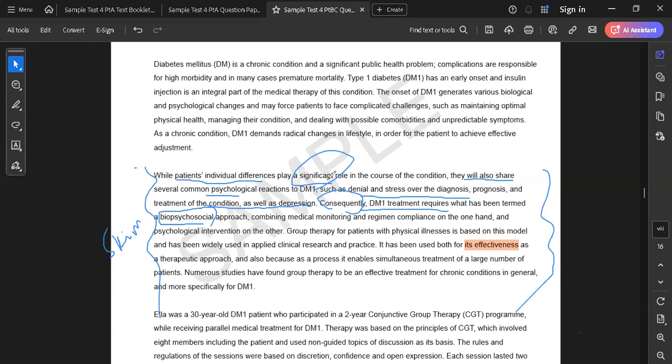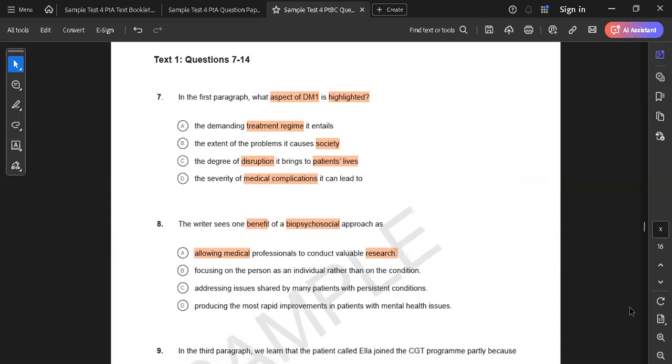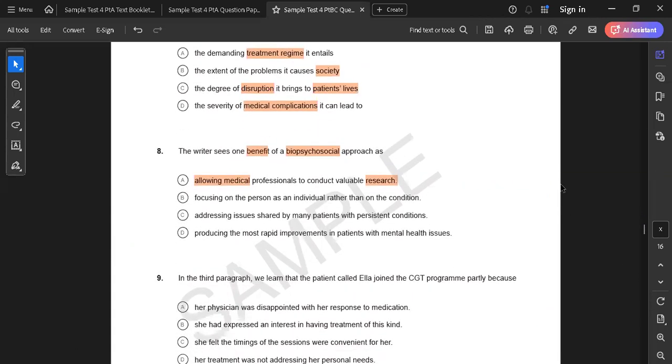Yes, that's the time. You skimmed already? Let me show you the answers now. Okay. Now, based on your understanding, what do you say is the right answer?